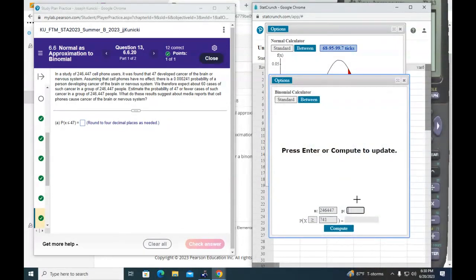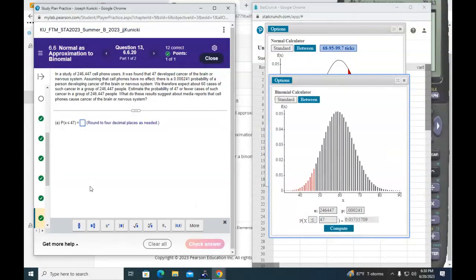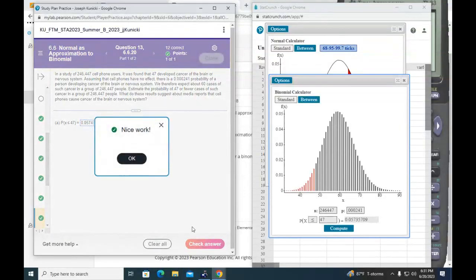P is 0.000241, but we want the probability that X is less than or equal to 47. I said 4. So that's greater than 5%. So we're not significant.